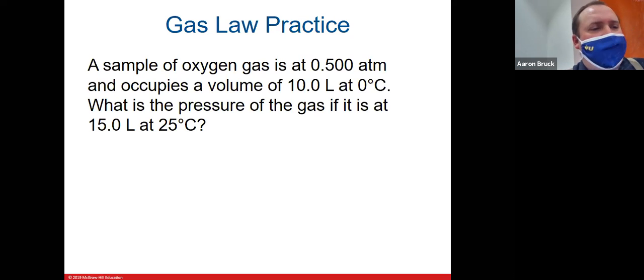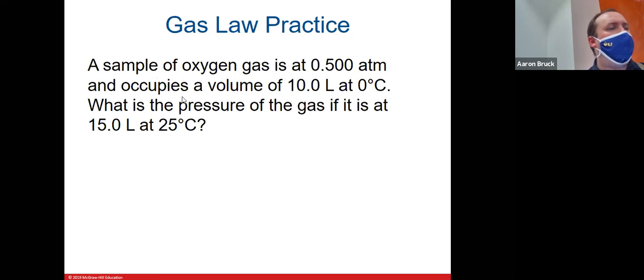A sample of oxygen is at a half atmosphere and occupies a volume of 10 liters at 0 degrees Celsius. What is the pressure of the gas if it is at 15 liters and 25 Celsius?